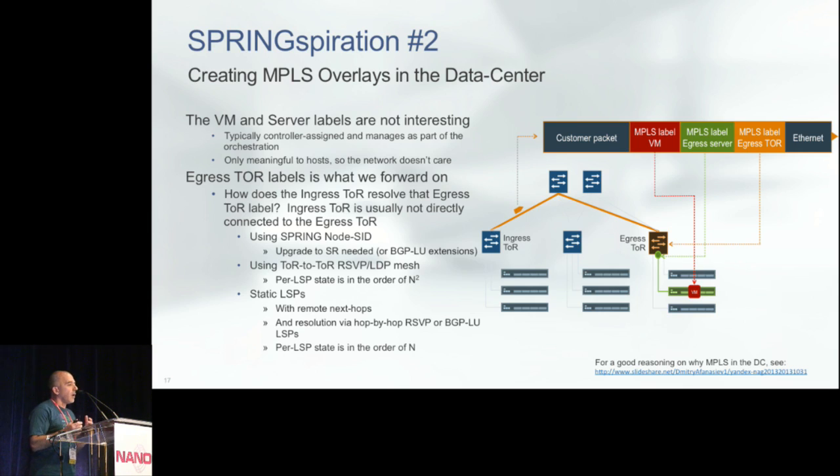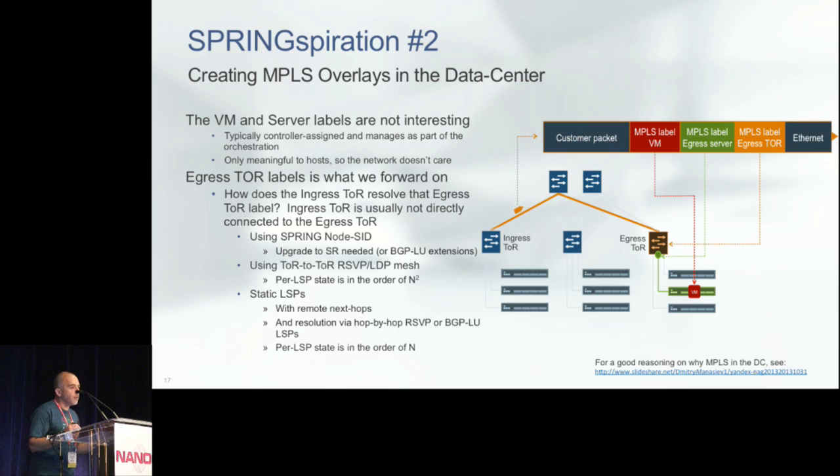One is this segment routing concept of a node SID. It lends itself quite nicely to this. All the egress ToR needs to do is simply announce a node SID for itself, and then everybody can use that node SID, and we have a predictable way of addressing ToR3. Okay? The only problem with that is you've got to upgrade your data center to SPRING, to segment routing type of technology. You could go the traditional way and simply create an RSVP LSP mesh in your data center.